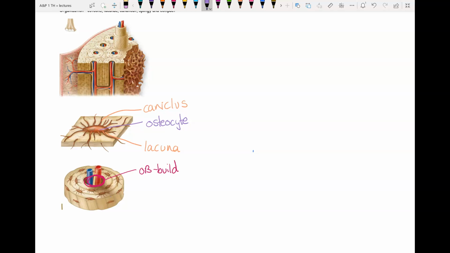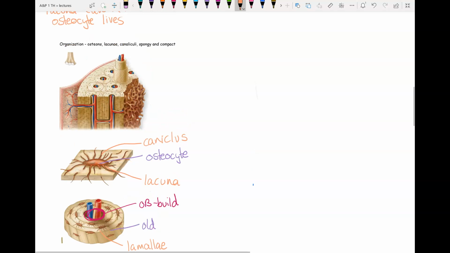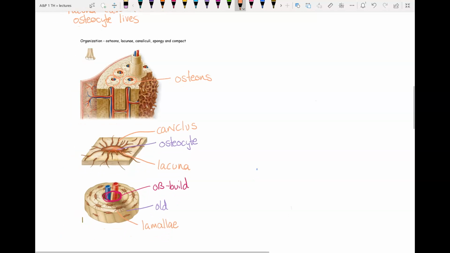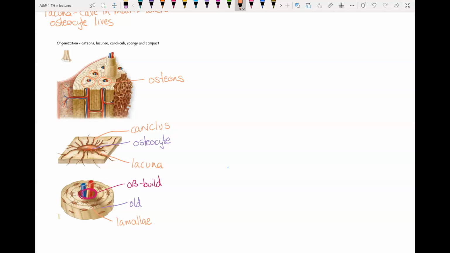Out here would be the oldest, and each ring is a lamellae. And you get groups called osteons. So there's the organization of bone.